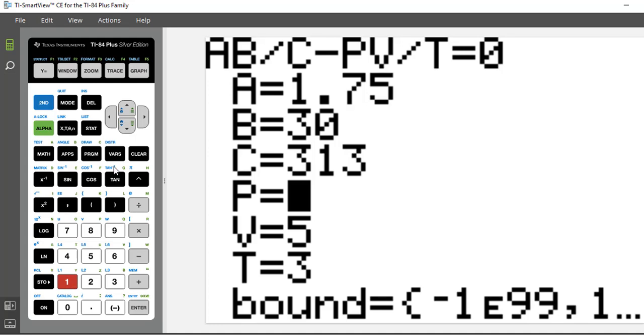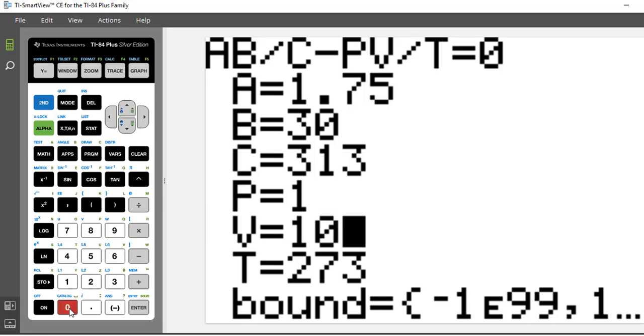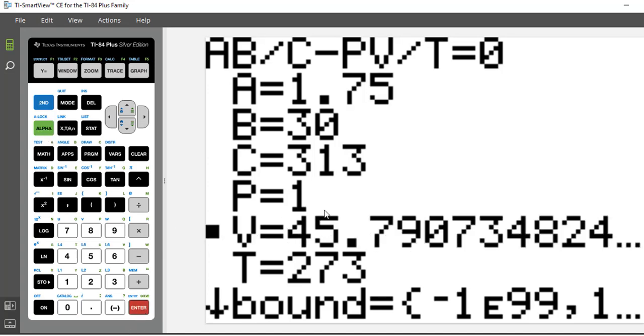P is 1. V we are looking for. So this T is 273. Still, I guess the value for this V is 10. Then I go to alpha, enter. They will give you the value for this V.